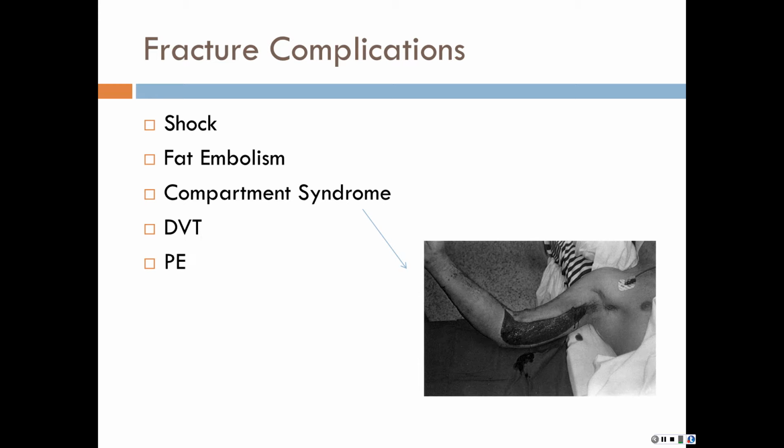So we're really concerned whenever we see those petechiae in someone who's saying they're short of breath and they have a history of a fracture, specifically one of these crush fractures. Ways to prevent this from happening is if we immobilize quickly after a fracture. We don't want to be moving a patient around a whole lot who has a fracture because it could dislodge one of these fat embolisms.